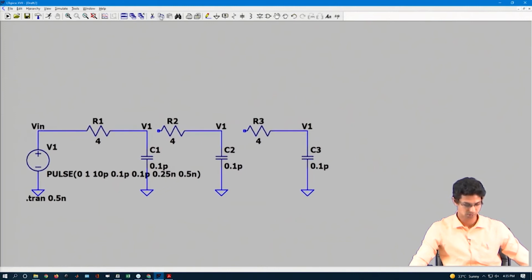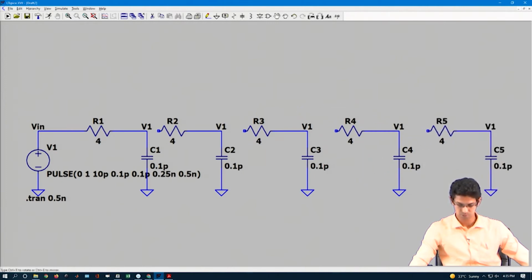and then I can repeat this. So, R1, R2, R3, 1, 2, 3, 4 and one more is this, and then I can connect these.